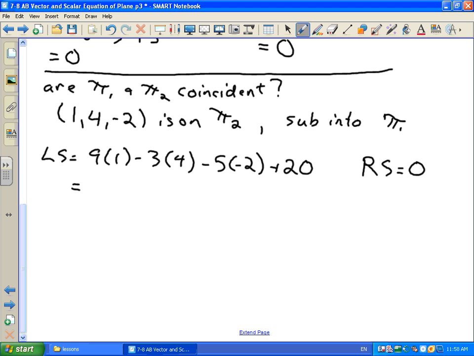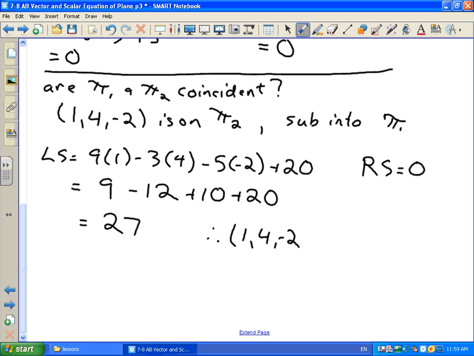Let's just work out what this is. We get 9 minus 12 plus 10 plus 20. 9 minus 12 is negative 3, plus 10 is 7, plus 20 is 27. So our left side and our right side do not agree. So this point, 1, 4, negative 2, is not on plane 1.